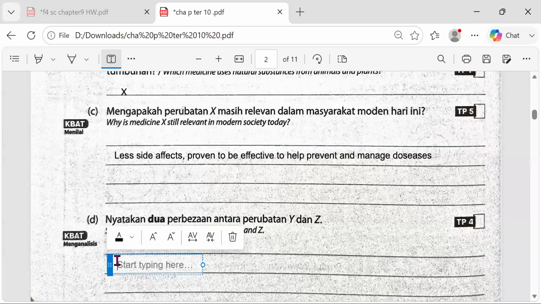What's the difference between Y and Z? Y uses synthetic medicine. Do you know synthetic?